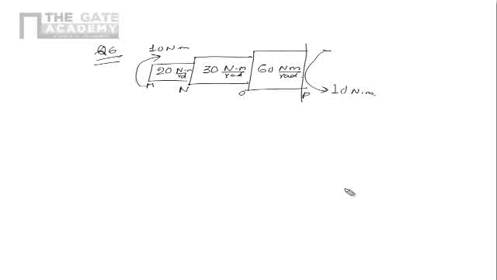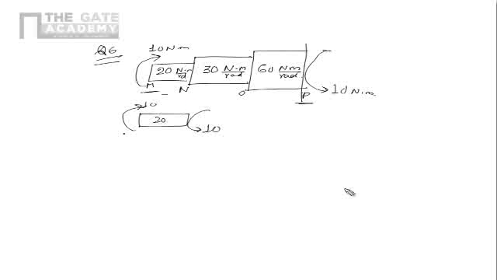Now, what is the angular deflection between M and P, between this end and this end? Because this is a shaft in series, each section takes equal torque. So if I isolate the sections, the first section has 10 and the reaction is also 10.